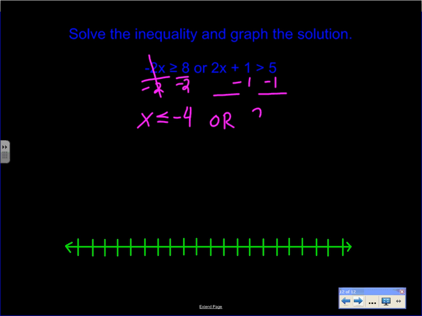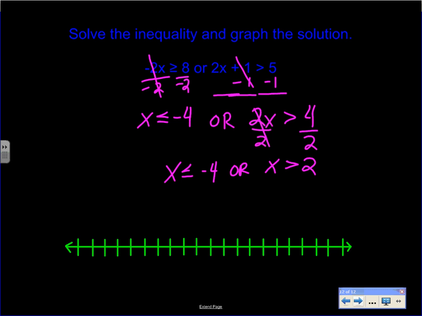So we're left with 2x, the 1's cancel, greater than 4. Divide both sides by 2. We divided both sides by positive numbers, so the inequality stays the same. x is greater than 2. x is less than or equal to negative 4, or x is greater than 2.